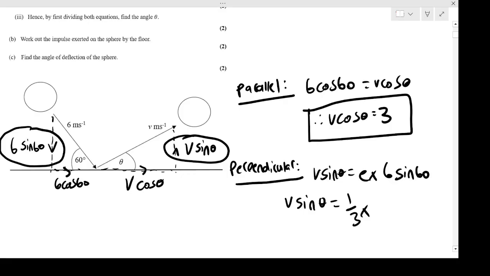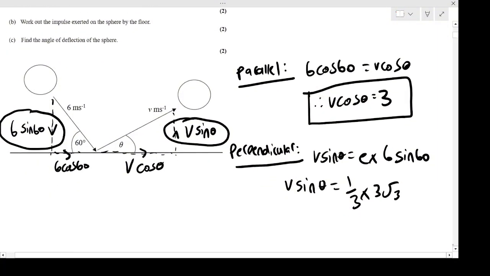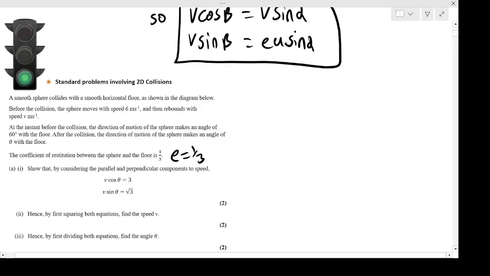If we work that out, you should get 3 root 3 over 3, so you just get v sine theta to be root 3. And that's my second equation there. And so we've got the two equations they wanted. Okay, so hopefully happy with that.